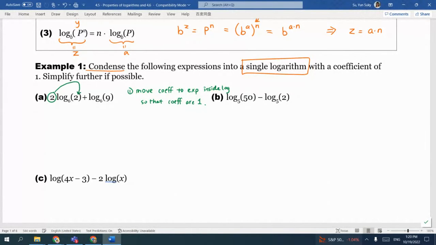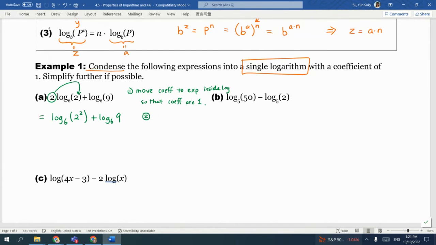So we move it to the exponent. Then we have log 6 plus log 2 squared. Yes, everybody? So we move the coefficients to the exponents inside the log. Now the coefficients of all terms are 1. So far, so good, everybody?